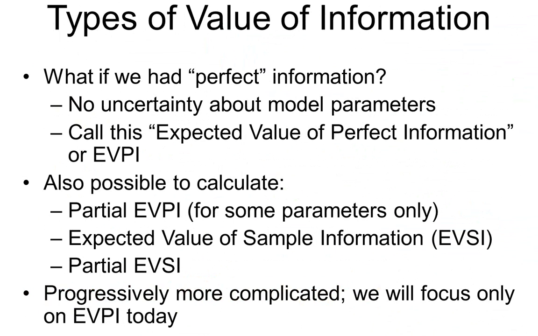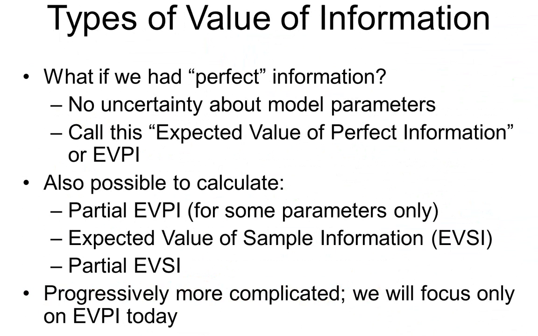It's also possible, but it gets more complicated, to calculate the partial EVPI, which is really the expected value of perfect information for only some parameters in the model. The expected value of sample information, so that would directly address, because we don't really get perfect information by doing another trial. We get new sample information.